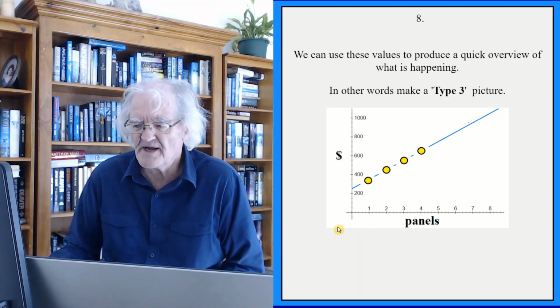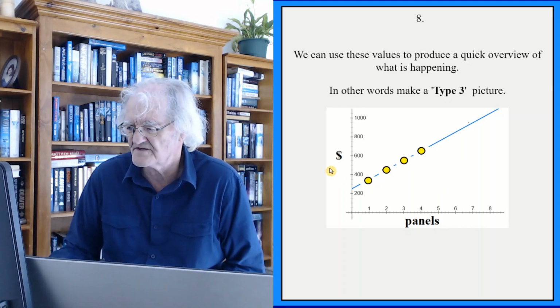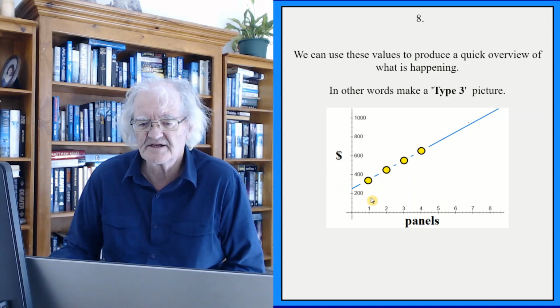If we have 2 panels in the fence, 2 panels generates a cost. If we have 3 panels, and as we said, 3 panels cost $550 for the fence. By continuing the line joining those dots, we can estimate the value of any fence we want.